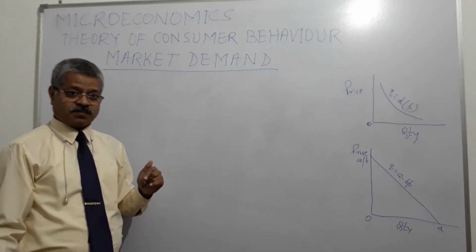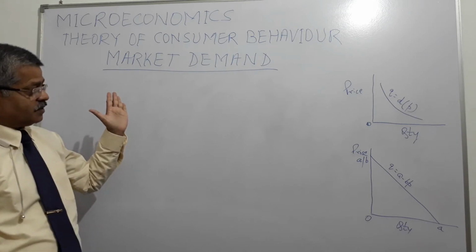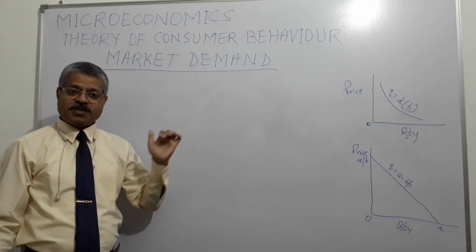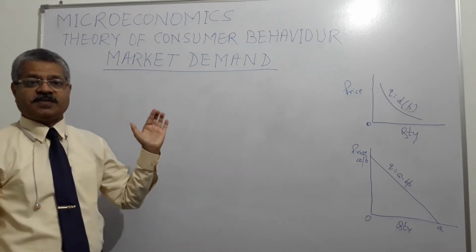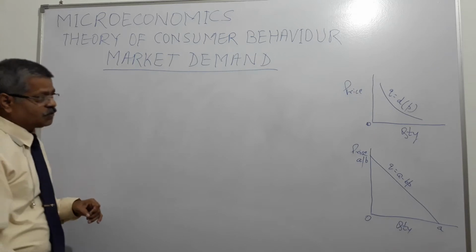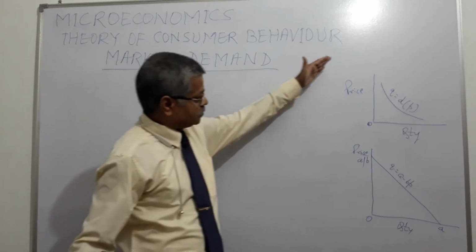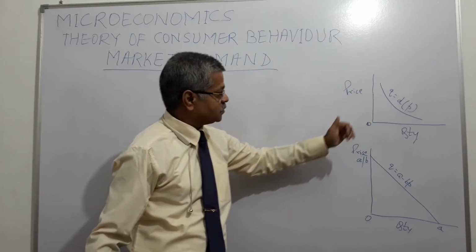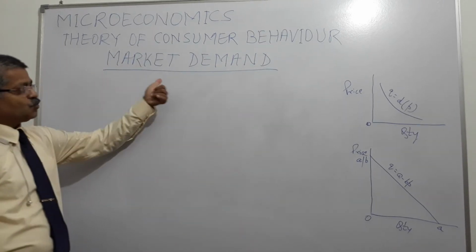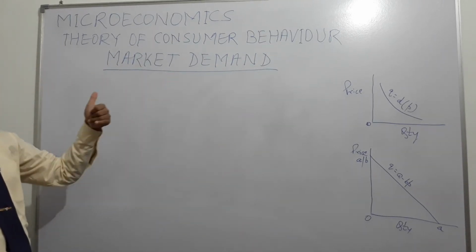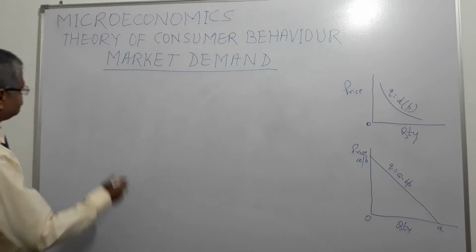We take the individual demand curves and do the horizontal summation. We try to make it simple. You have already seen the linear demand curve. Now we are going to find market demand by horizontal summation of individual demand curves.